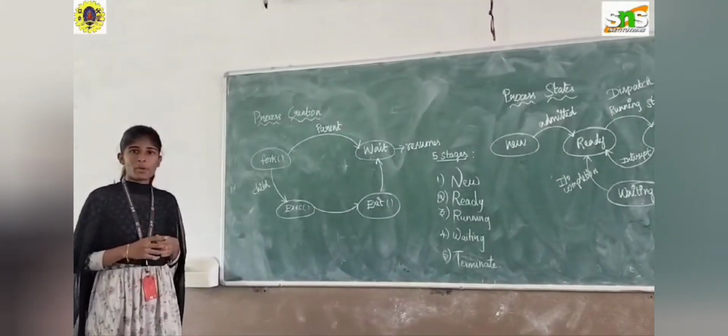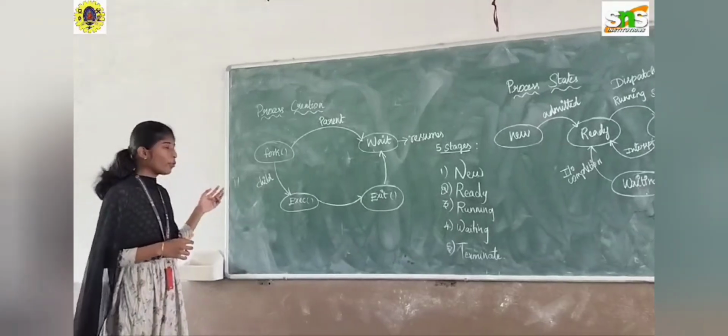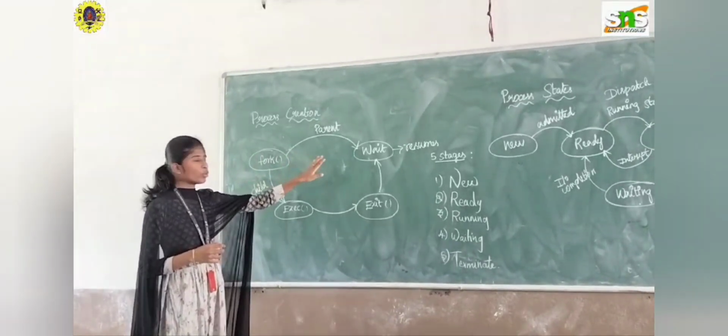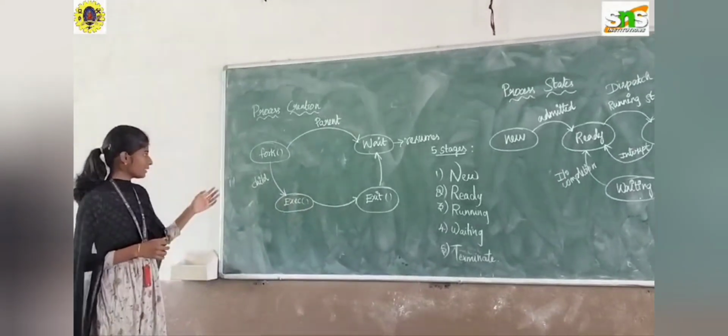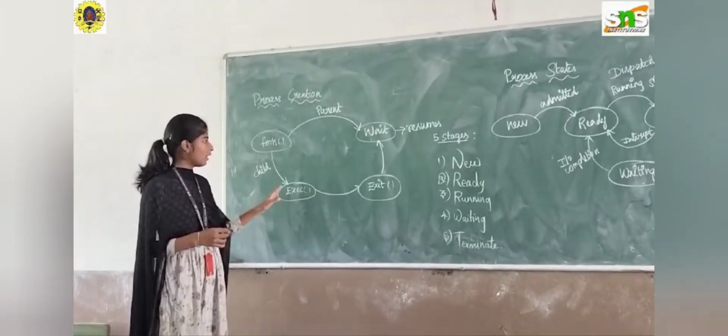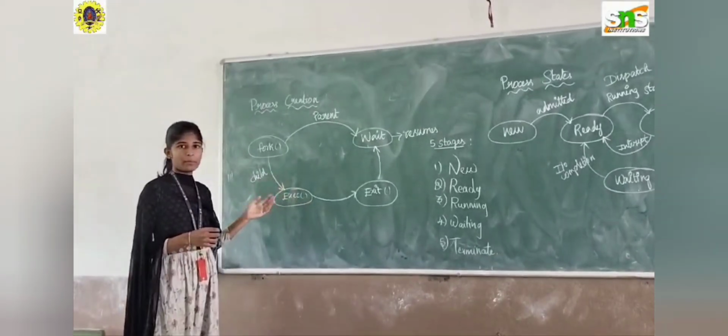Now let's see operations on a process. There are two types, process creation and process termination. Let's see process creation. When the fork system call is called, the parent will be moved to the waiting stage so that the child process can be executed. After completing, the child process will initiate the wait, so that the parent process will be resumed.